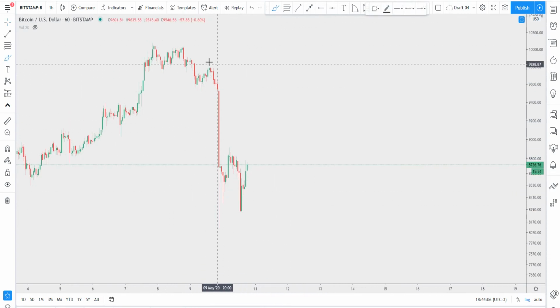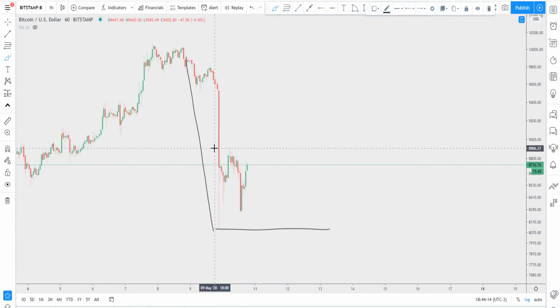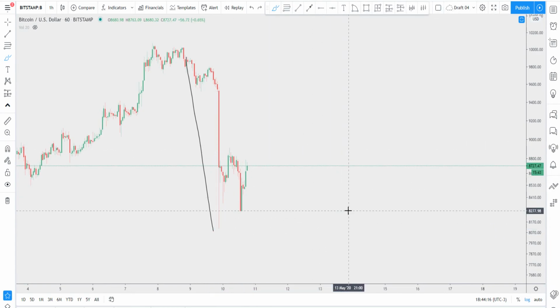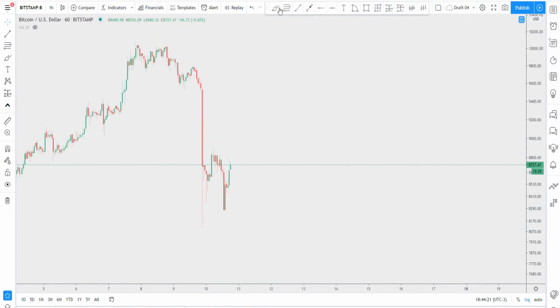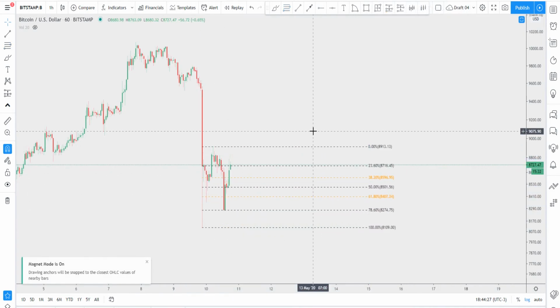Who is in charge from the small picture? The sellers, right? If we draw a Fibonacci here, we are going to address this level so far. So this will give us this scenario right here.